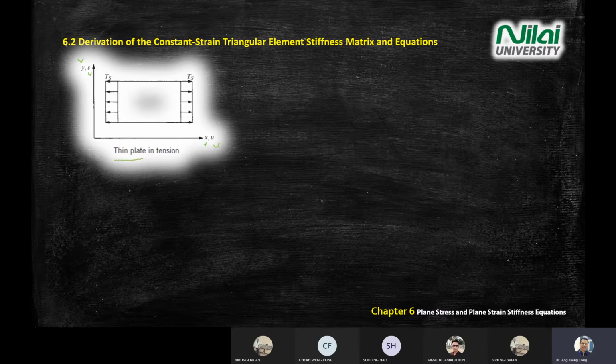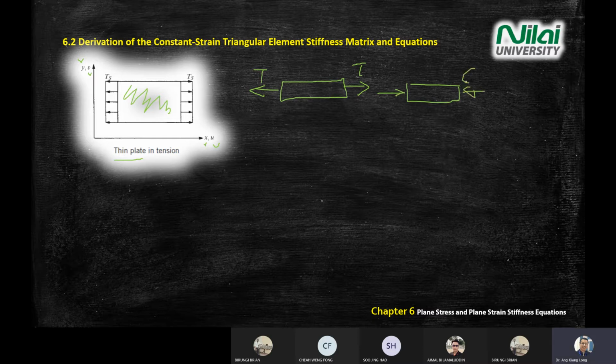You're having a tensile loading T on the left and on the right, meaning it is pulling to the left and pulling to the right. So when you look at the letter T, you have to understand this is a tensile loading. And if the force is pointing in, it becomes compressive.